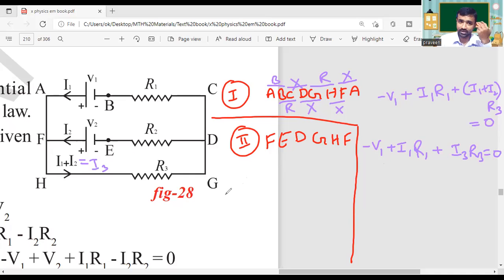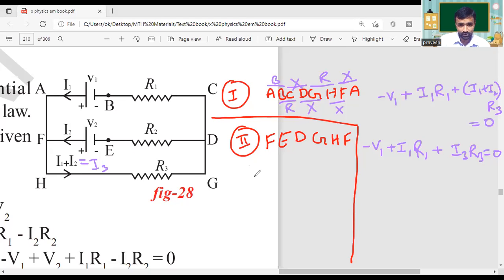You can write it with the opposite directions also, as I suggested in your textbook. Actually, the battery in the opposite connection is possible. Whatever it may be, you can write the equation for loop 2.